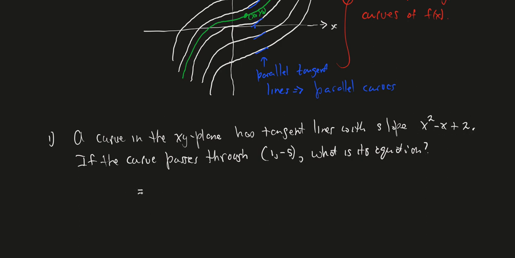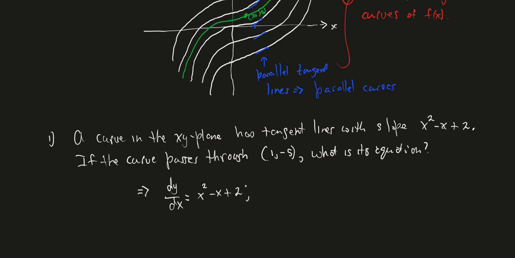So the first sentence, has tangent lines with slope, that's dy/dx. And this is the function that gives us the slope of the tangent line, but we know that precisely is the derivative. So here we're given the derivative of our curve, and it is x squared minus x plus 2.